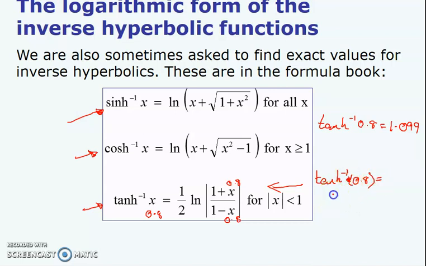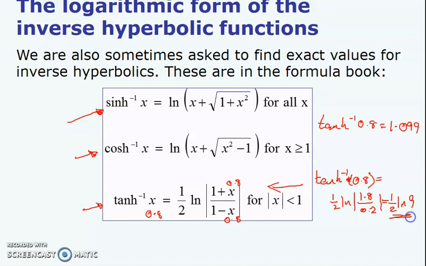The inverse tanh of 0.8 equals a half of the log of 1 plus 0.8, which is 1.8, divided by 1 minus 0.8, which is 0.2. Now 1.8 divided by 0.2 is 9. So it's a half log 9.